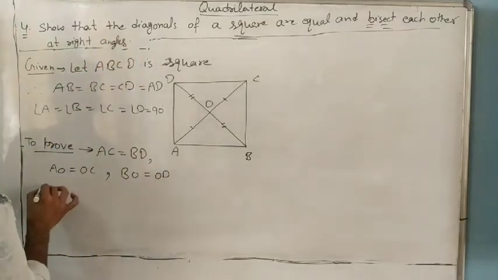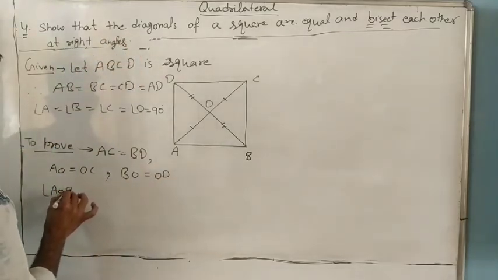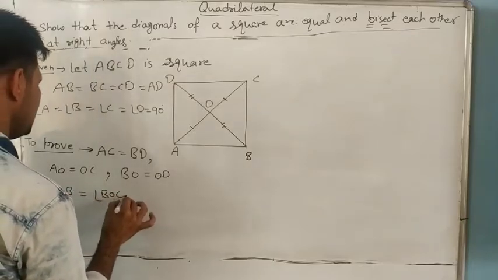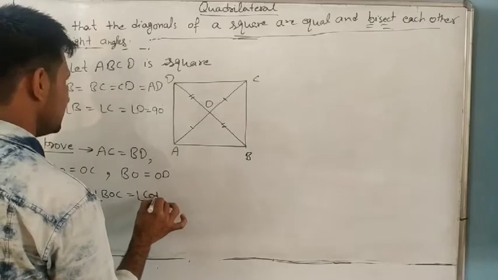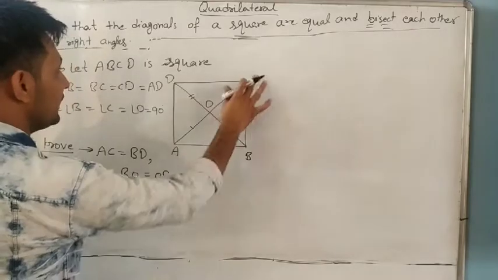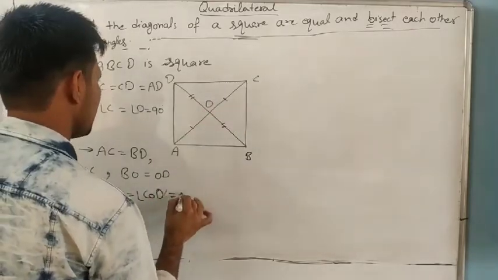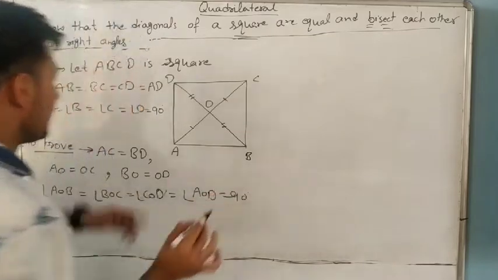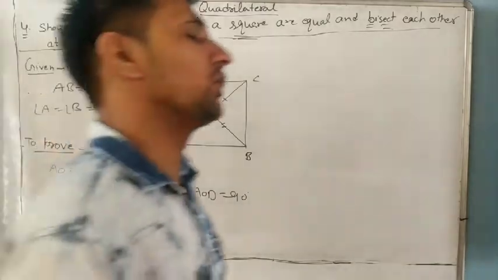So we have to prove that also. Angle AOB equals angle BOC equals angle COD equals angle AOD. How much? 90 degrees. So this we have to prove.